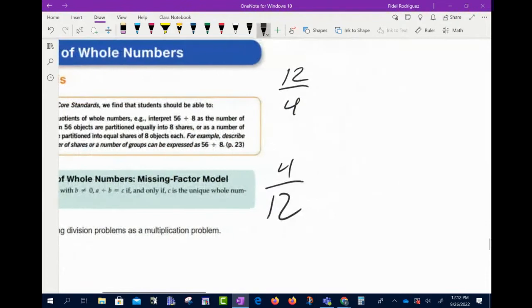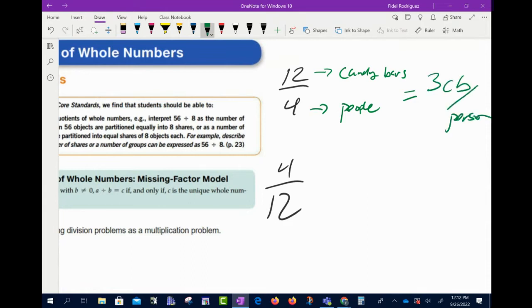The easiest way I used to teach this, and I think this actually makes a lot of sense when you're showing this to elementary school kids, is suppose that the number on top talks about, say, candy bars, and the number on the bottom is people. So if I have 12 candy bars and there's 4 of us, how many candy bars would each of us get? Anyone know? 3, right? So we'd have 3 candy bars per person, right?